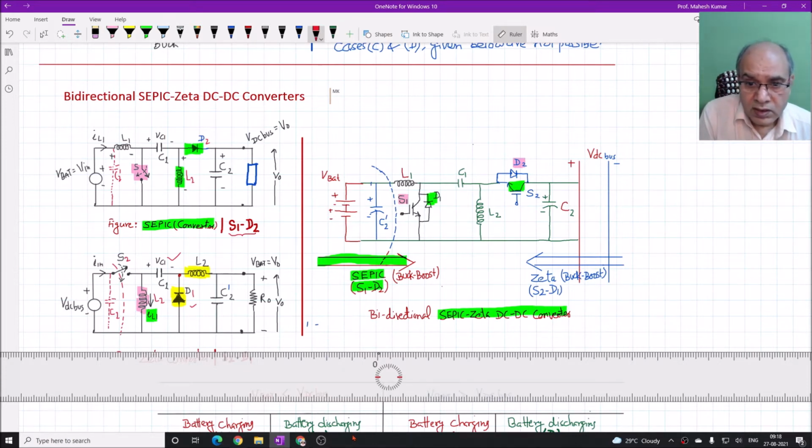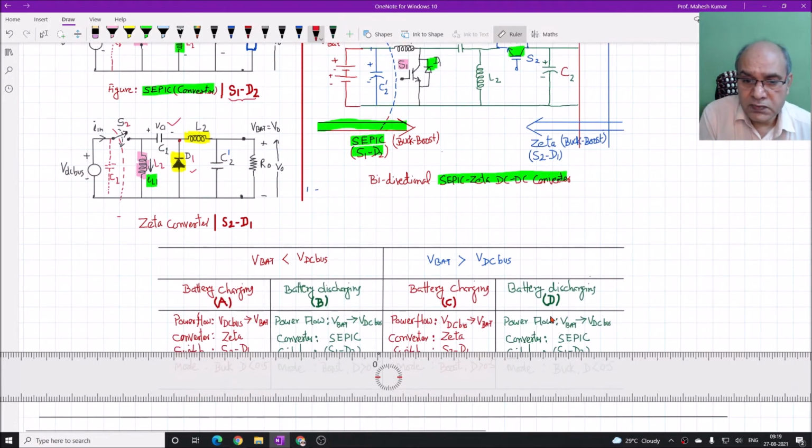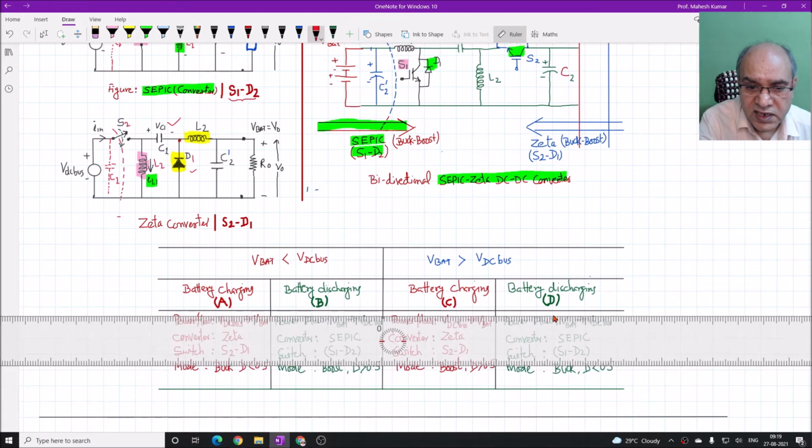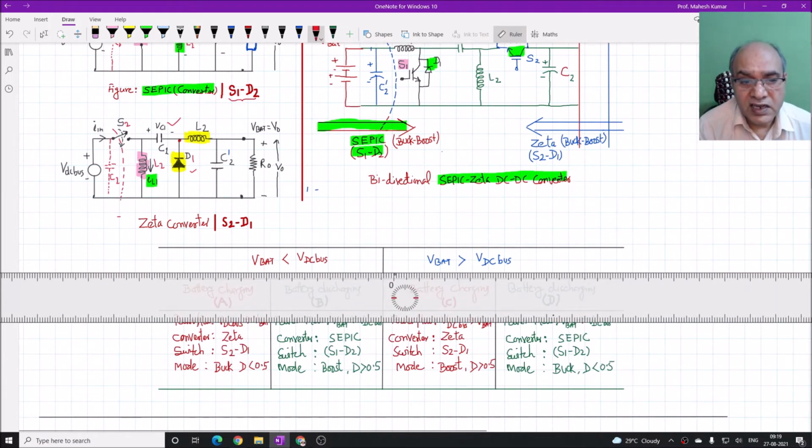Now let us observe different conditions for this. Both converters can operate in buck boost mode, so the voltage level should not be a problem for this topology. So we can see it here. There are two conditions we have taken. Okay, the first condition is that V battery is less than V DC bus, and then V battery is greater than V DC bus.